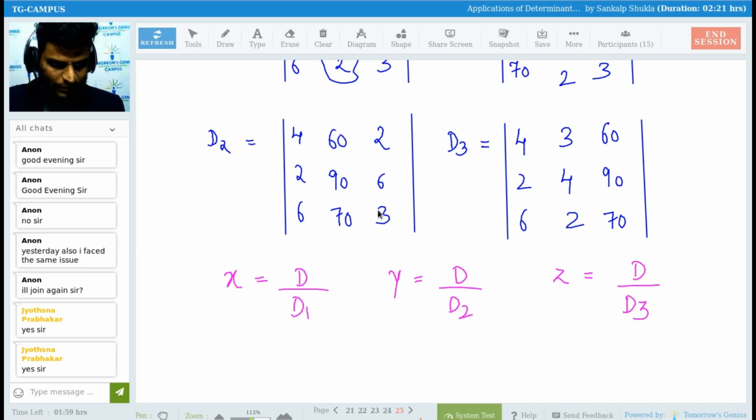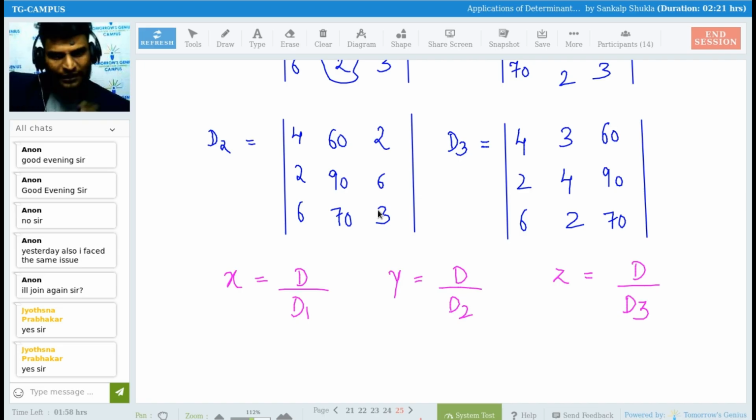Sir, can you repeat the last part? Yeah, I was telling that if you are creating four determinants, you have four values with you. The x, y, z part: x is simply D1 over D. D is a determinant, so you have to expand that determinant and there will be a value.